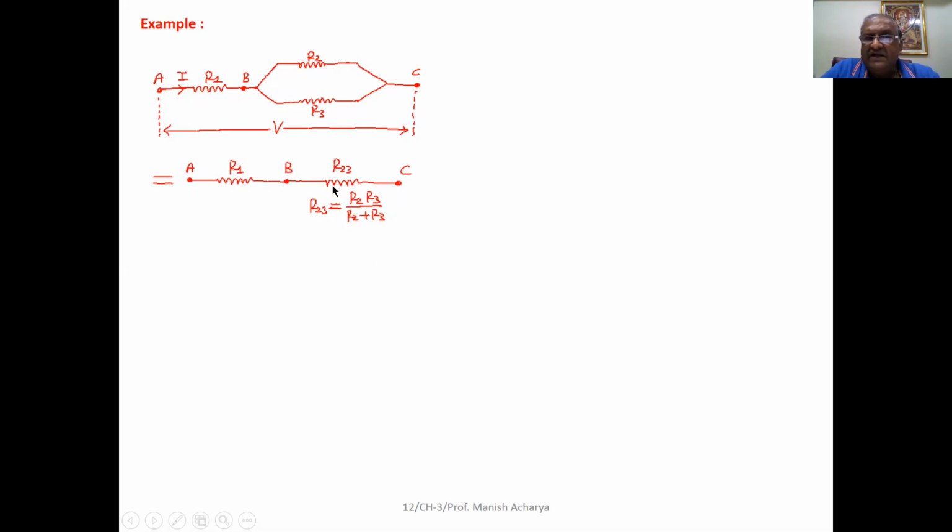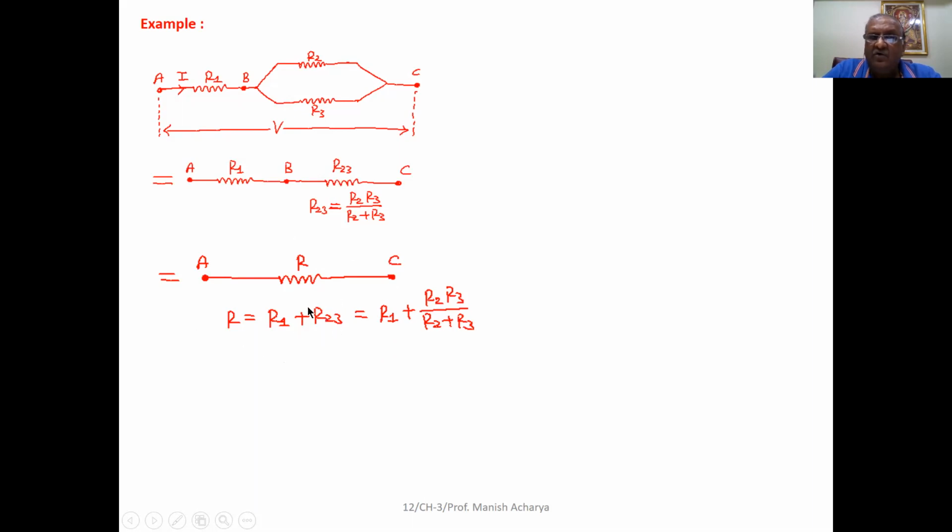Now you can understand here this resistor R1 and this resistor R23, these two are in series. Suppose the equivalent resistor of this series combination is R, then finally our equivalent circuit, that is A to C, has only one resistor R. And this resistor R equals R1 plus R23.